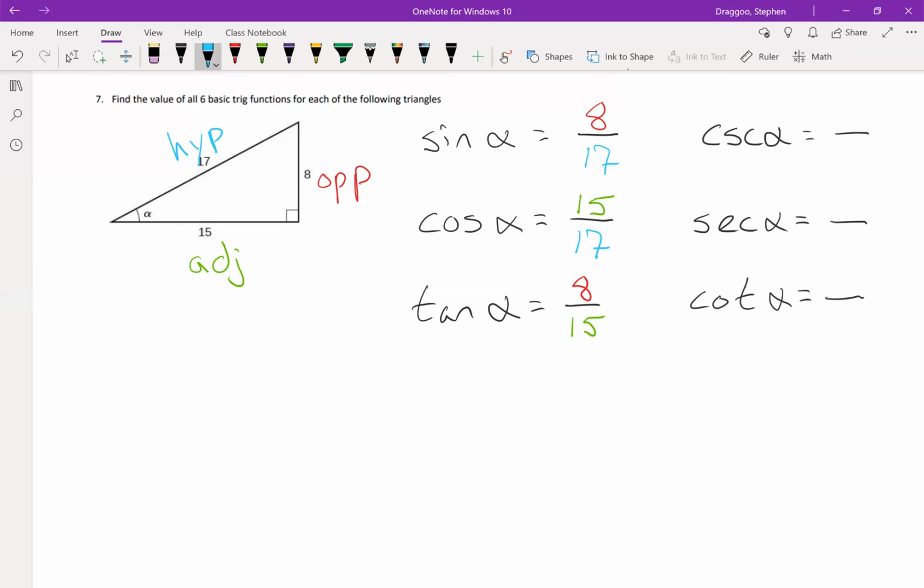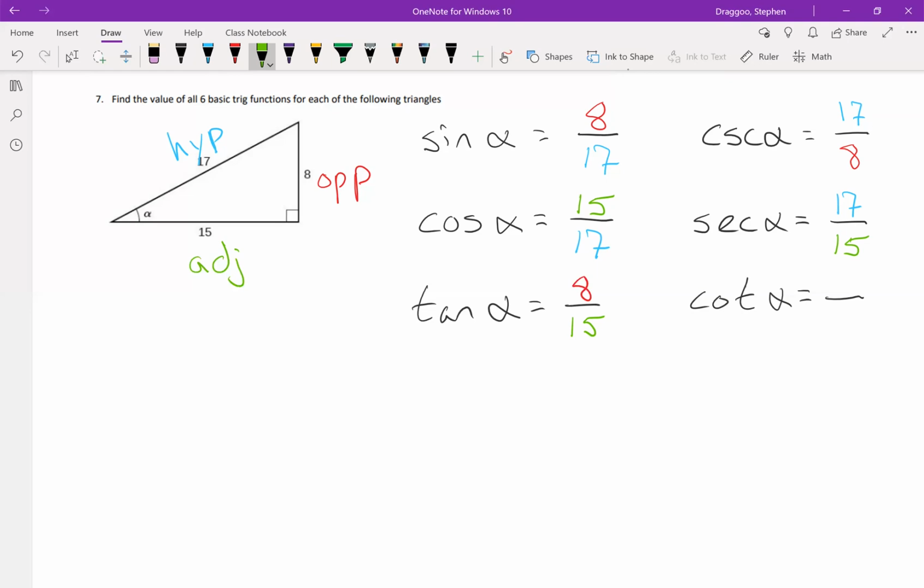Then cosecant is hypotenuse over opposite, or I could think of it as the reciprocal of sine. Since I know that sine is 8 over 17, cosecant is 17 over 8. Secant should be hypotenuse, 17, divided by the adjacent side, which is 15.